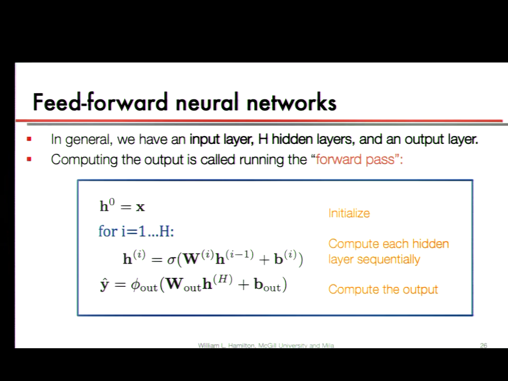And then once we've done all of our layers, we get our final prediction by again doing a linear function of the final hidden layer and then feeding it through some activation function. In the simplest case of regression, this activation function is just the identity, because our final prediction is just linear regression on these hidden units.